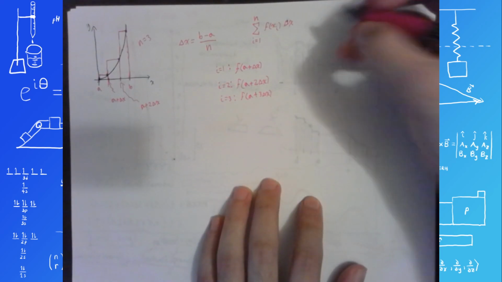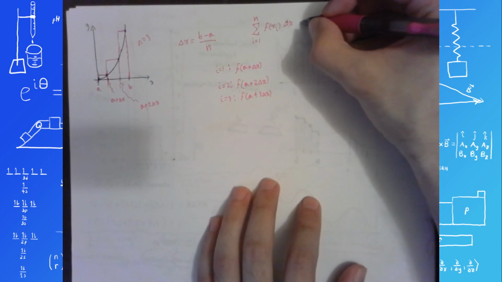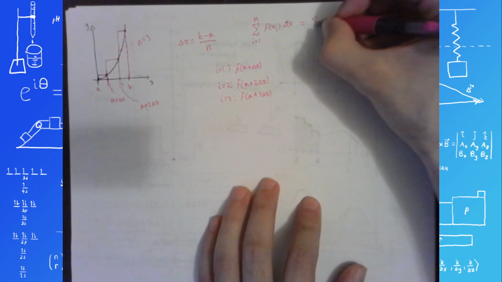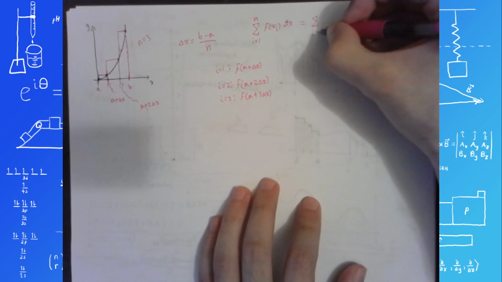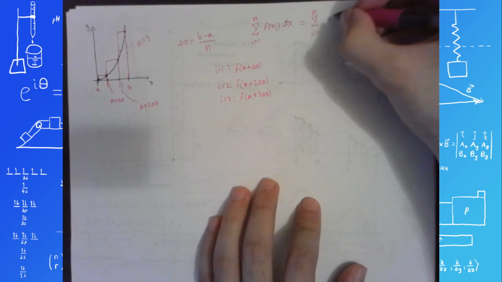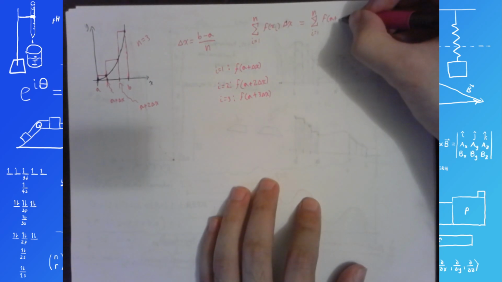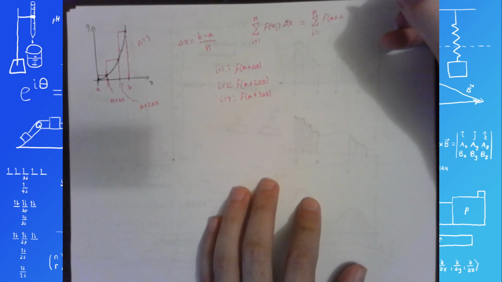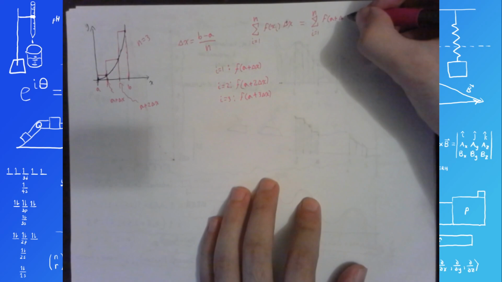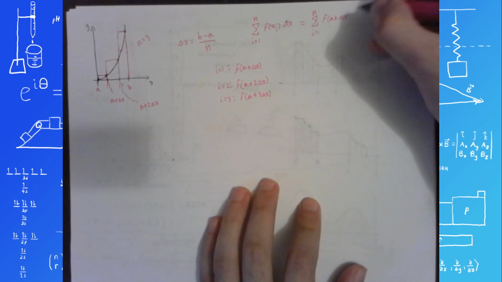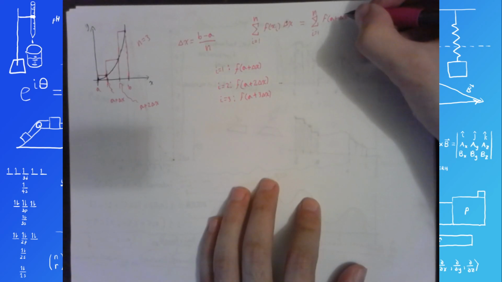So I can rewrite this as the sum, starting with i equals 1 up to n, of f of a plus delta x times i. I think I would rather write it as i times delta x.